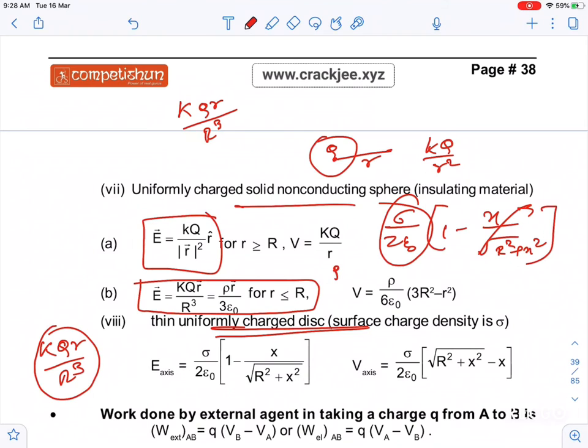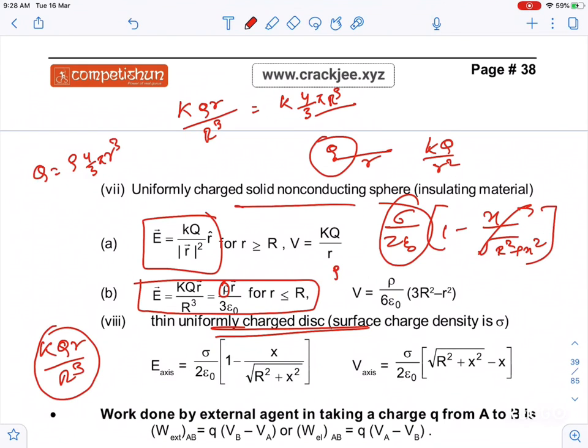Q can be written as charge per unit volume, rho, into 4 by 3 pi r cube. So I have written k, and 4 by 3 pi into r cube divided by like this.